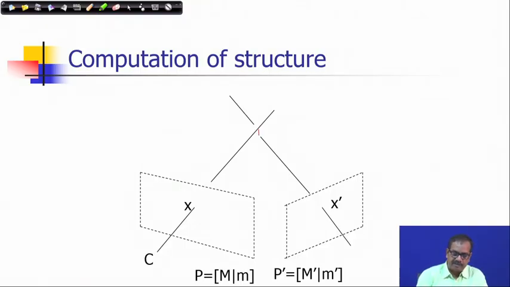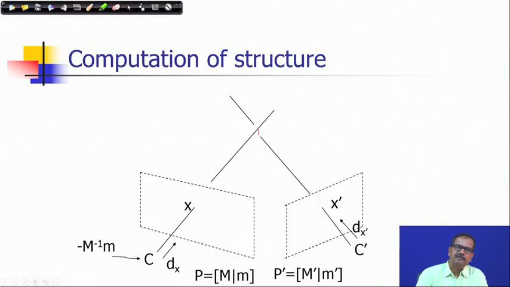C is the center of the first camera, C prime is the center of the second camera, and we can compute the direction cosine of the projection ray given the image point x. Similarly, the direction cosine of the projection ray of the second camera given the image point x prime.